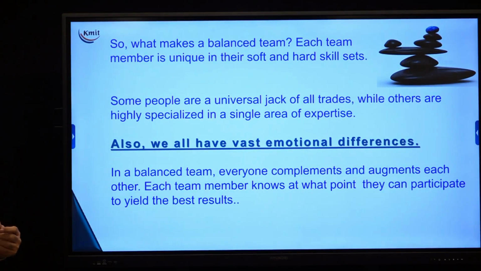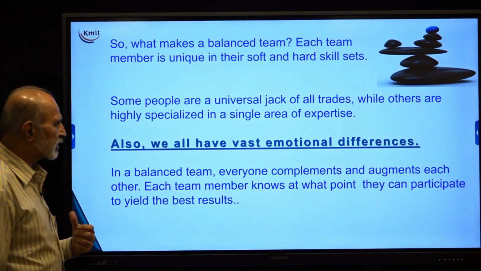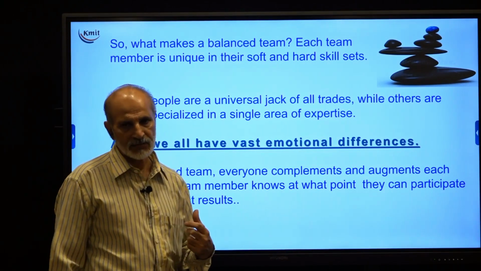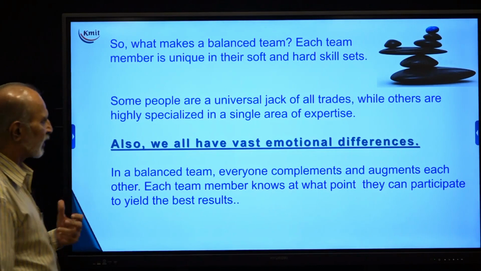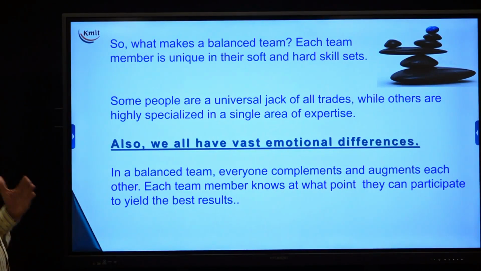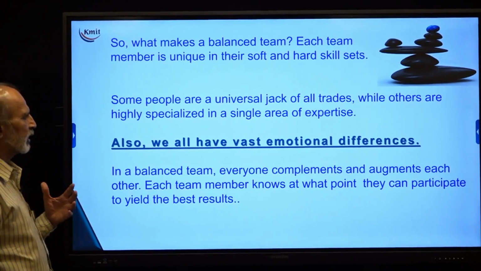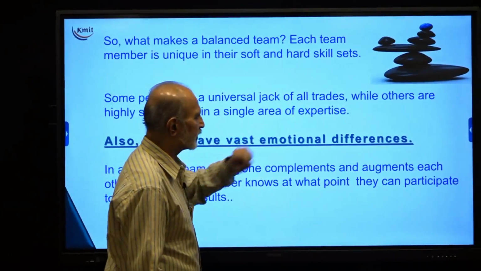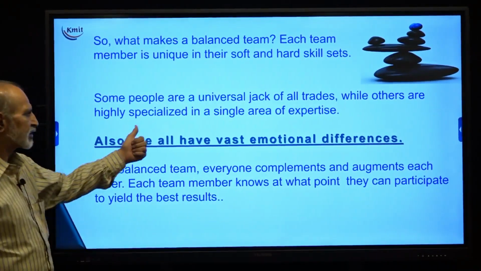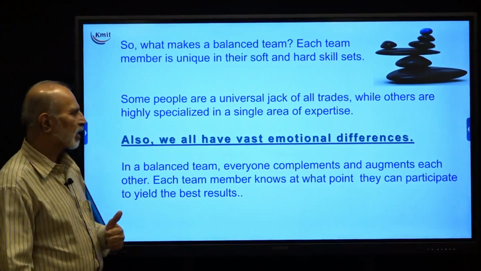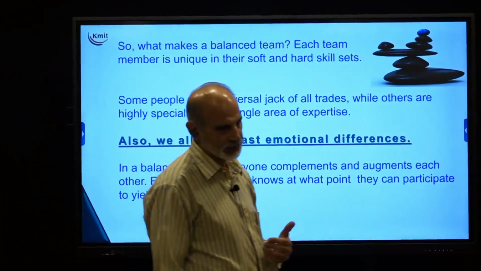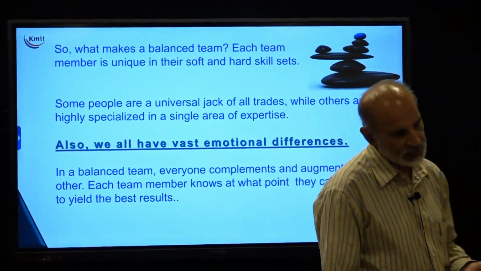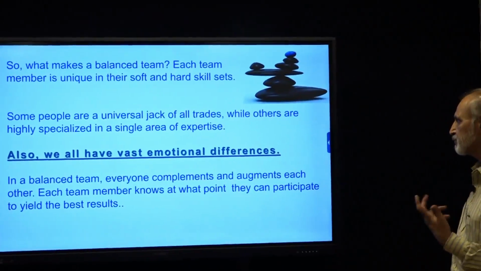Some people are a universal jack of all trades. We always say jack of all, master of none. Some people are very good and have that ability to do everything, while others are highly specialized in a single area of expertise. If I am a good coder or a good debugger, I cannot necessarily be a team leader.